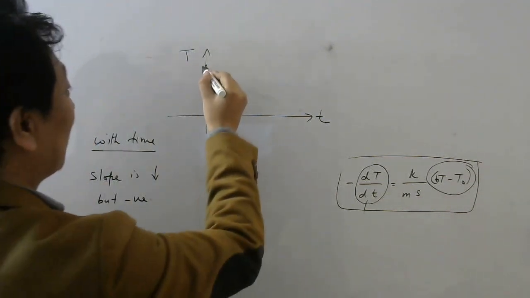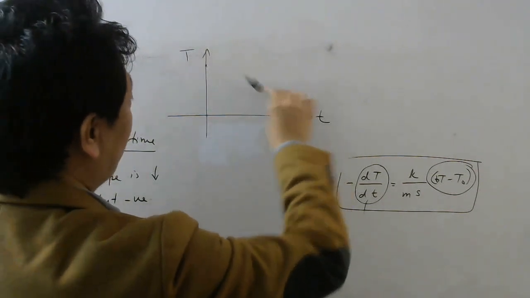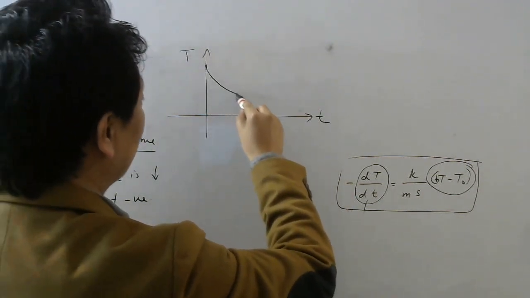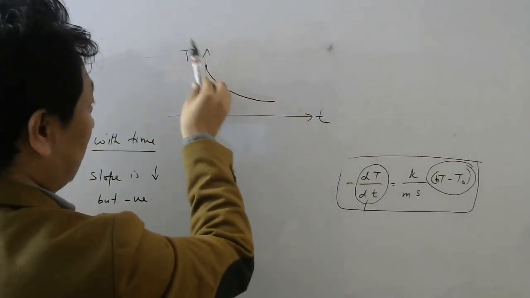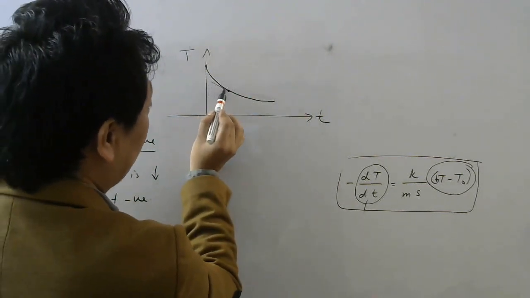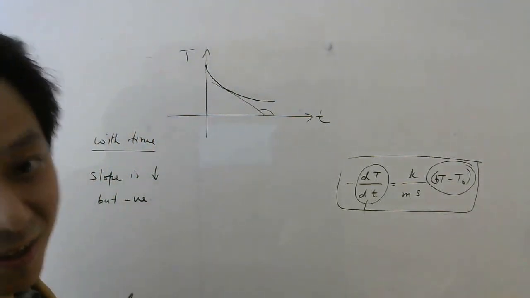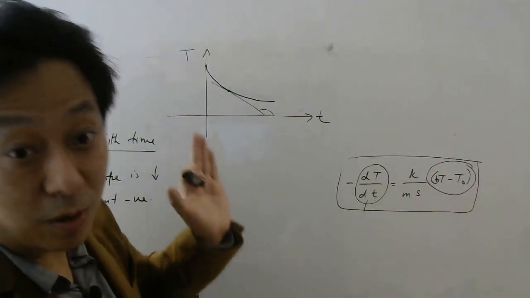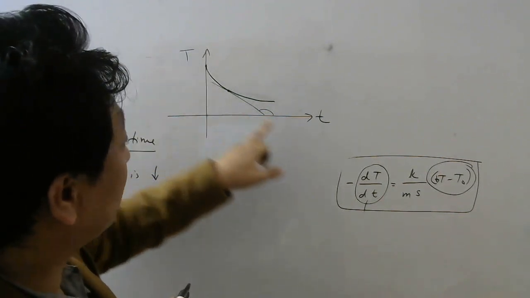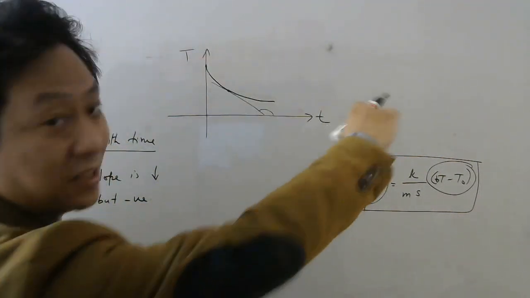So clearly the graph should be like this because it should start from vertical and go to horizontal, right? So it should go from vertical to horizontal. At the same time, if you draw a tangent anywhere, then you can see it makes an obtuse angle, right? So this is how the graph will look when you plot temperature versus time graph. It will decrease exponentially, okay?